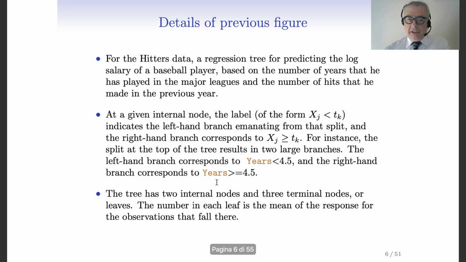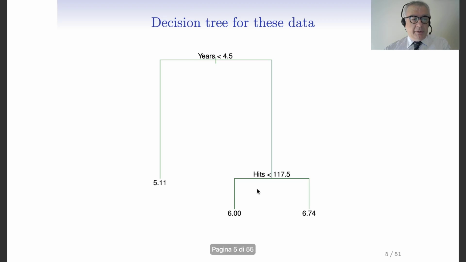Okay, so this is just to know. And the number in each leaf is the mean of the response for the observations that refer to that leaf. And it's important to note that all your data are eventually assigned to one of the leaves. So in this very simple tree that we have been estimating, eventually all the players will be assigned to one of these 3 leaves.